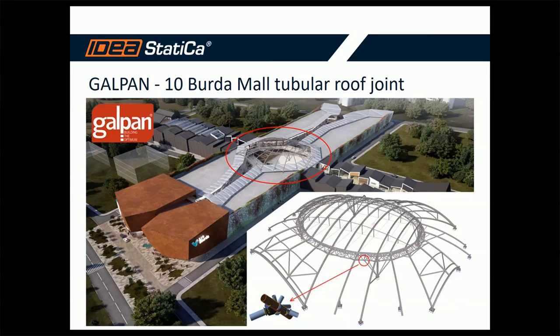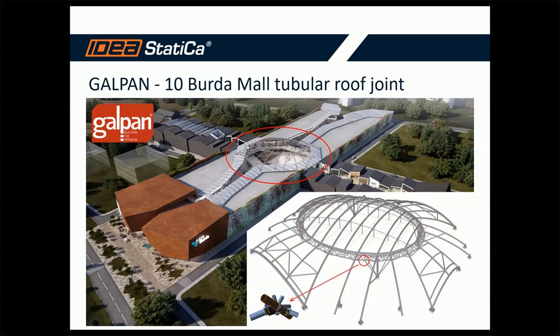There is one specialty in the Turkey region: they use the metric system and American code to code check the structure or the joint. So I'll just jump right into the example, into IDEA StatiCa.